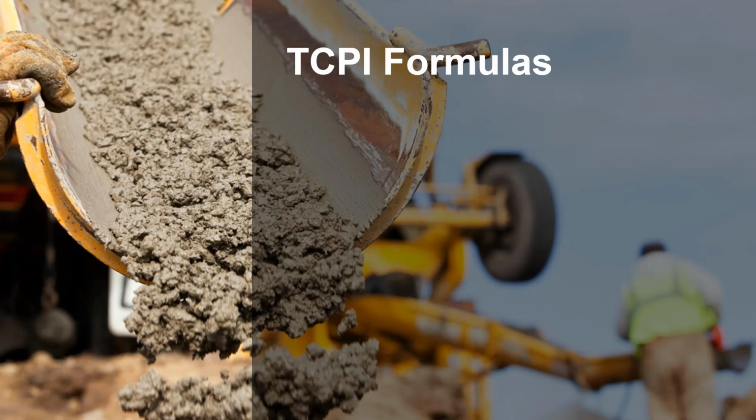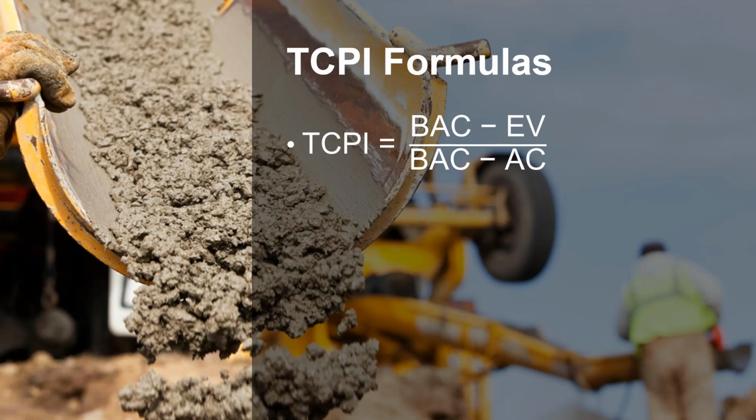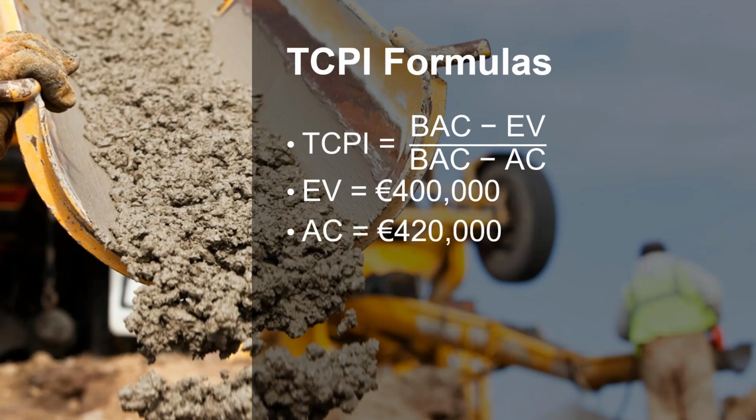We start by looking at what it is going to take to keep our original budget. If you think back, all we did was take the original goal, the budget at completion, minus the distance completed, earned value, divided by the original goal, budget at completion, minus how far you actually have come, actual cost. The housing project is in its 14th week. Its numbers are: earned value is €400,000, actual cost is €420,000, and the budget at completion is €1.2 million.